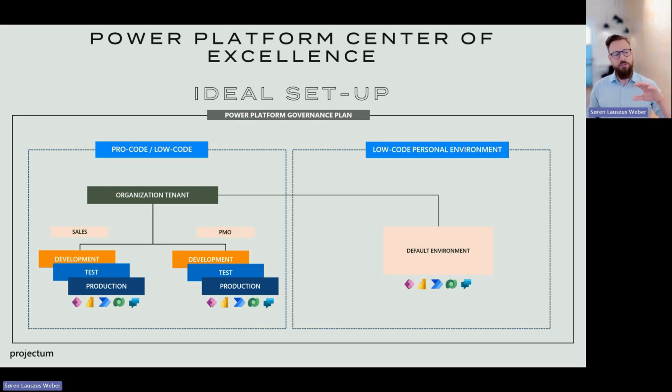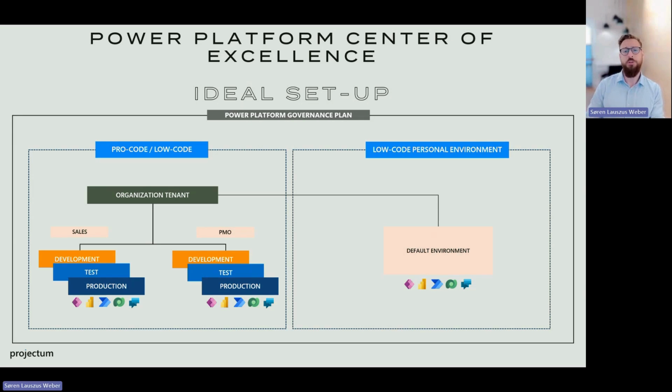Everything is in order, and we have some Power Apps, Power BI, flows, etc. Outside of that, we have the low-code personal environment, the default environment, where citizen developers can test out things and maybe make some small productivity apps. This is the ideal setup.